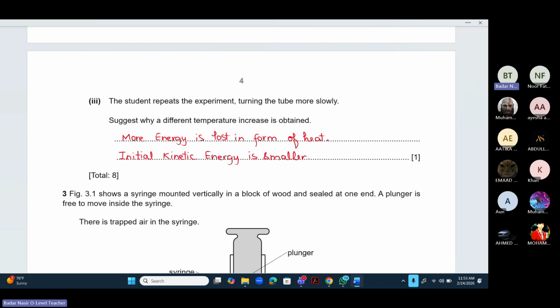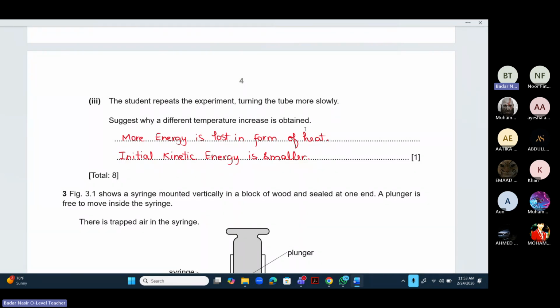मतलब जो कन्वर्ट हो रहा है जिस अदर फॉर्म ऑफ एनर्जी में, वो भी आपकी कम होगी. और व्हेन वी आर सेइंग कि मोर हीट एनर्जी इज लॉस्ट, so in form of heat, so basically rather than those metal pieces, they absorb the heat energy and keep those heat energy into them.